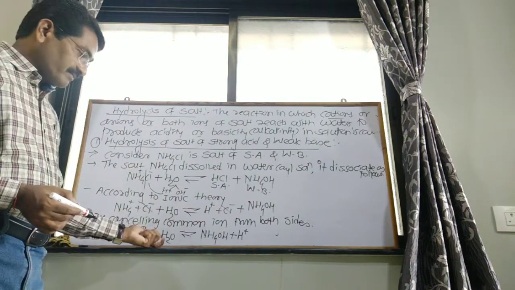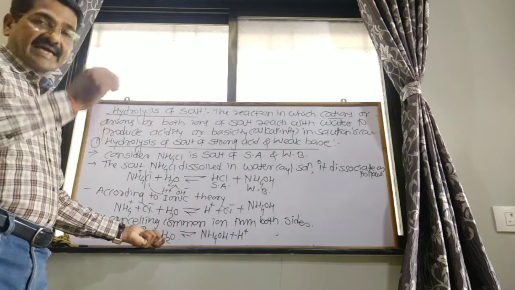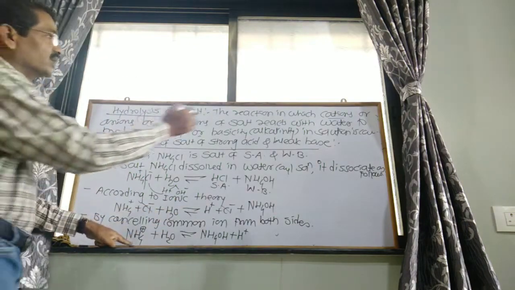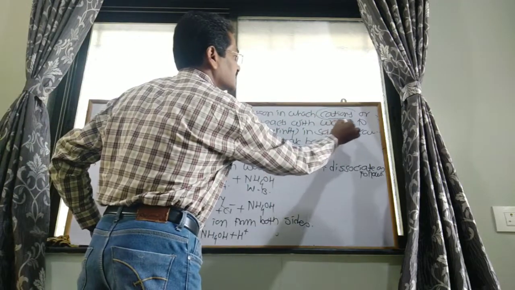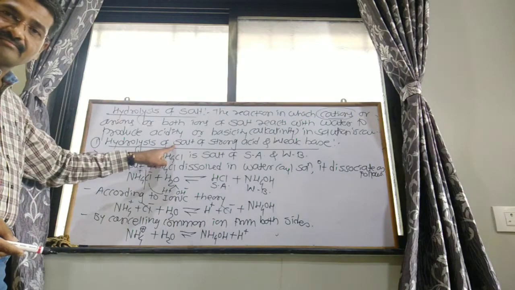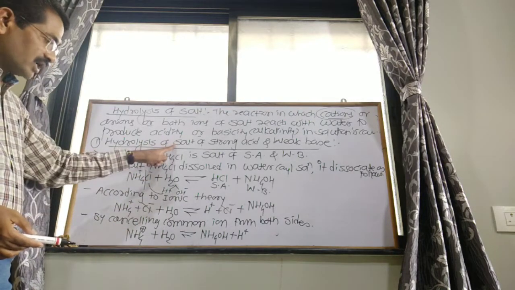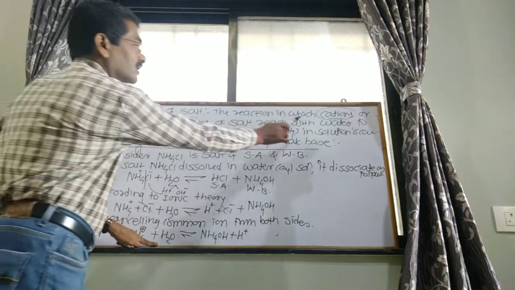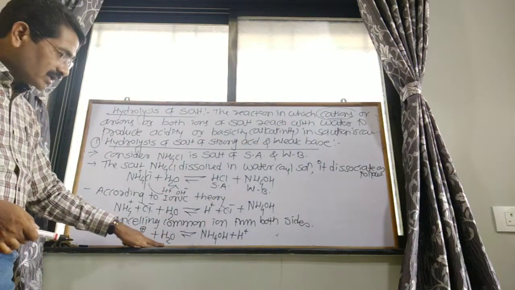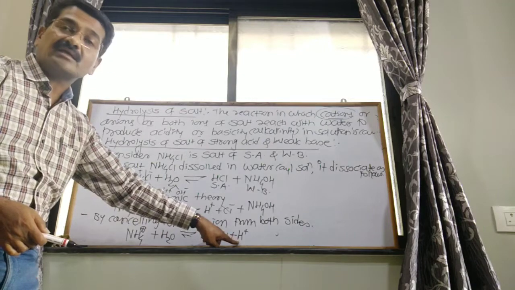This equation says that cations of the salt react with water to produce excess H plus ions.